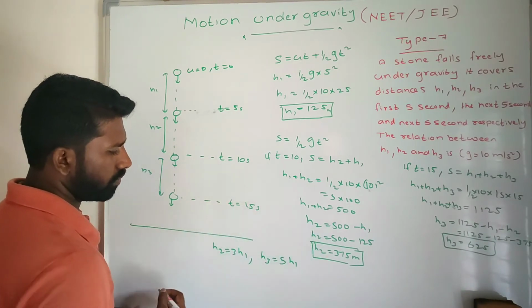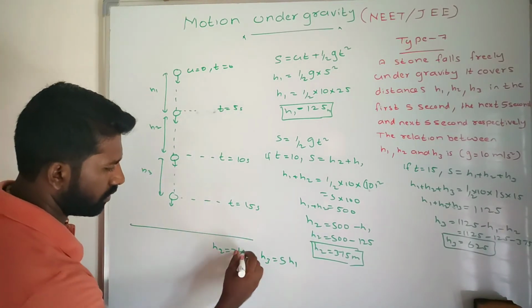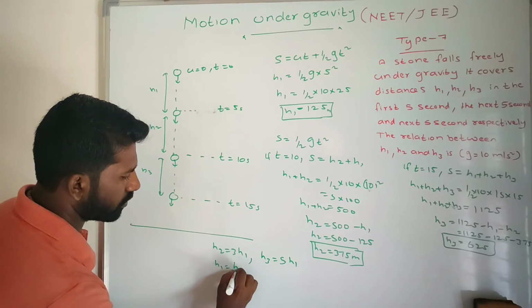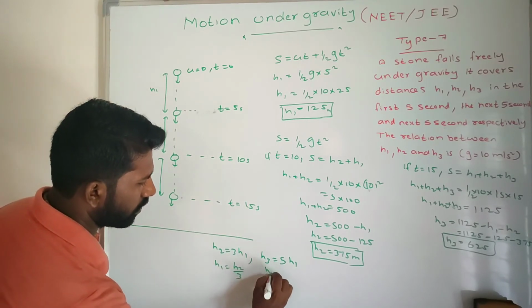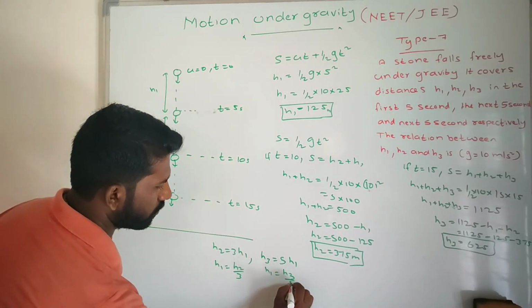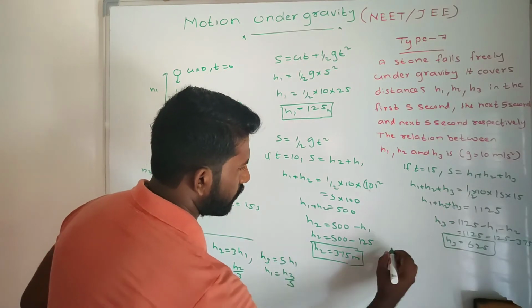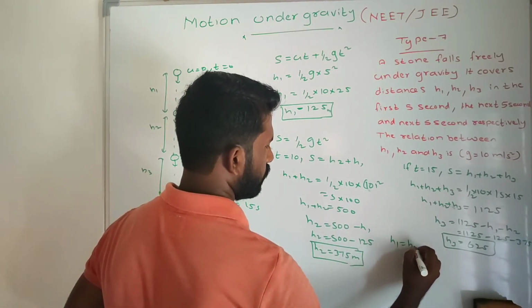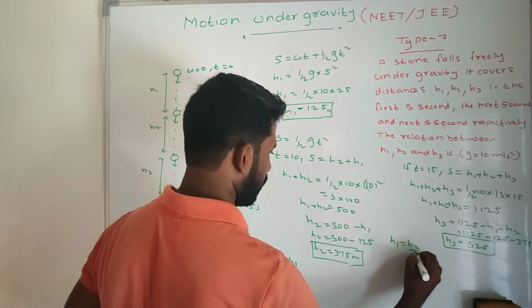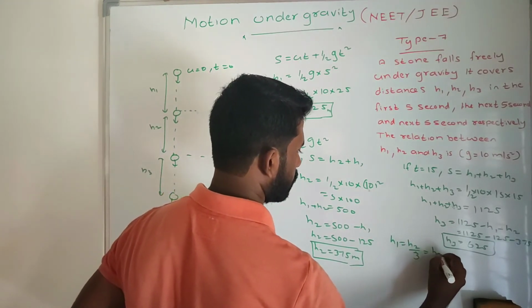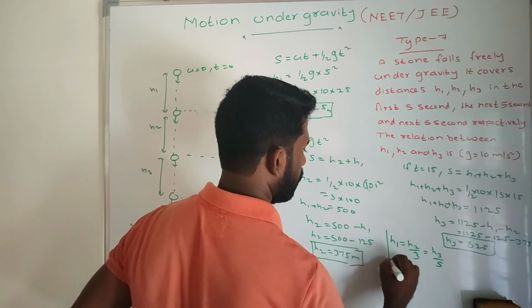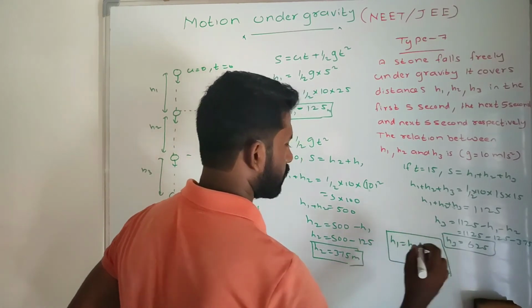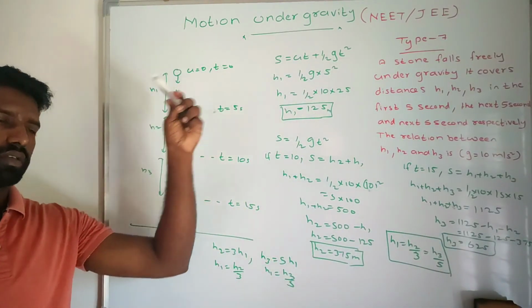From this we can say h1 is equal to h2 divided by 3, and h1 is h3 divided by 5. So the relation between them we can write as h1 equal to h2 by 3 is equal to h3 divided by 5. This is the answer for this type.